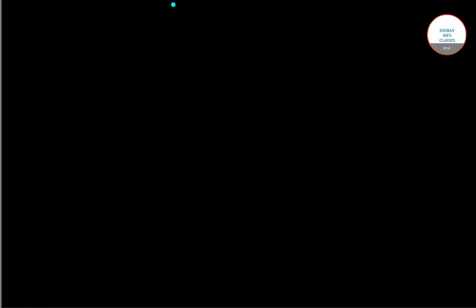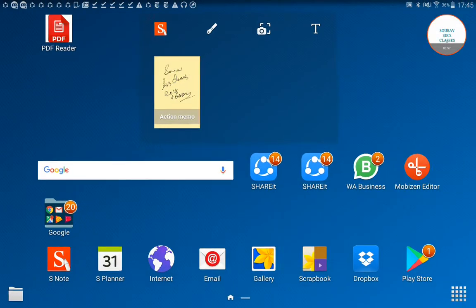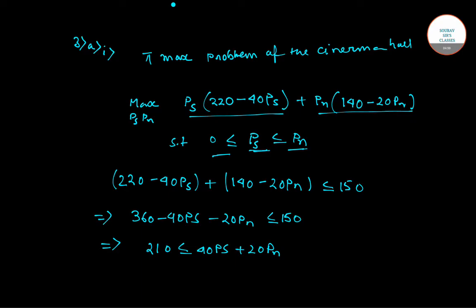So we find the equation to be 2 PN plus 4 PS greater than 21. This is the profit maximization problem of the cinema hall.